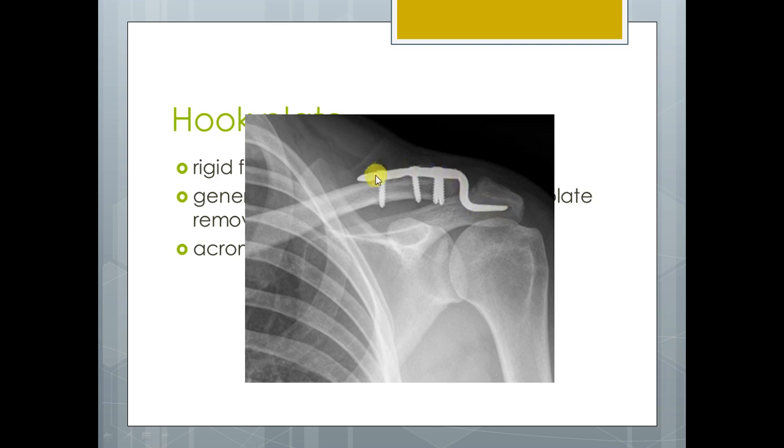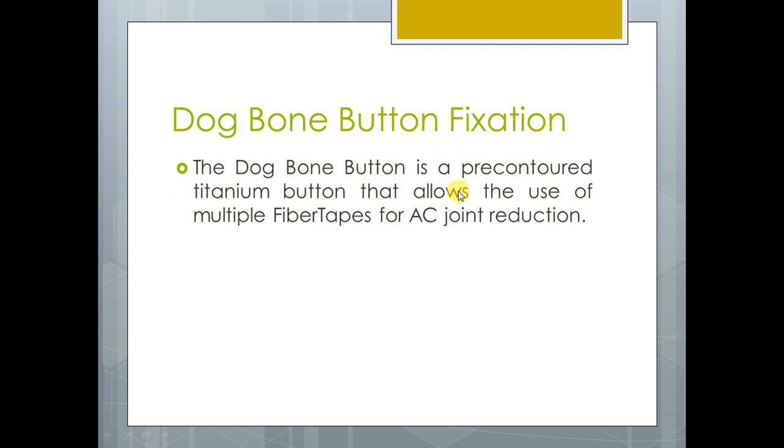So the hook plate is a very rigid fixation, but the problem is that the hook is under the acromion and it could penetrate or cause osteolysis here, and arthritis in the AC joint. So within 6 months you have to remove it, until the CC ligament heals with fibrous tissue. So one of the most common drawbacks of this plate is that it needs a second surgery.